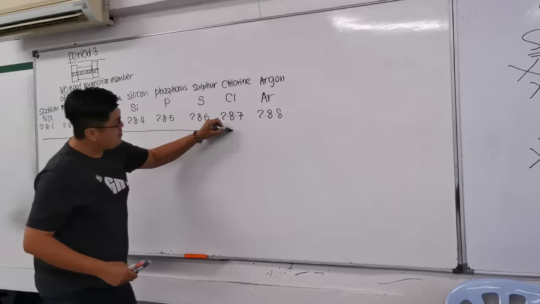In SPM, it is very common that the question will give us a periodic table. Then they ask us to arrange the size of those atoms in a very specific order.